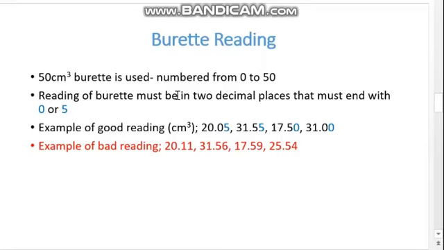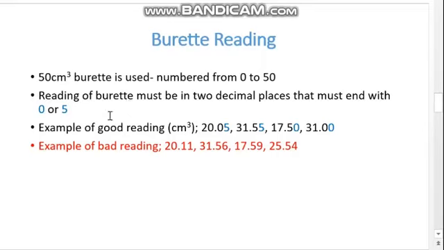We now have 0.05, 0.10, 0.15, 0.20, 0.25, and so on in that order, where the value ends with either 0 or 5.